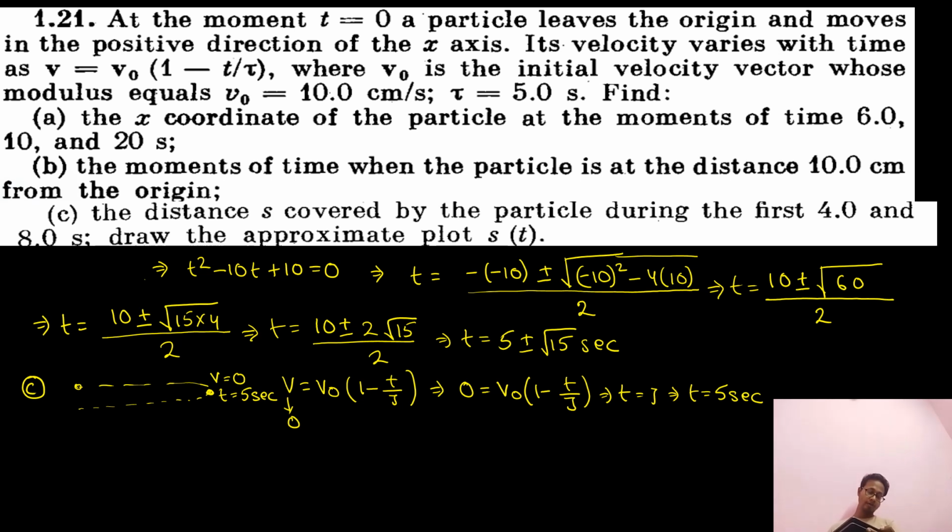Now we need to find out the distance covered by the particle in the first 4 seconds. In the first 4 seconds, the value of displacement and distance is the same, and the displacement is nothing but x is equals to v naught t minus v naught t square by 2 tau.